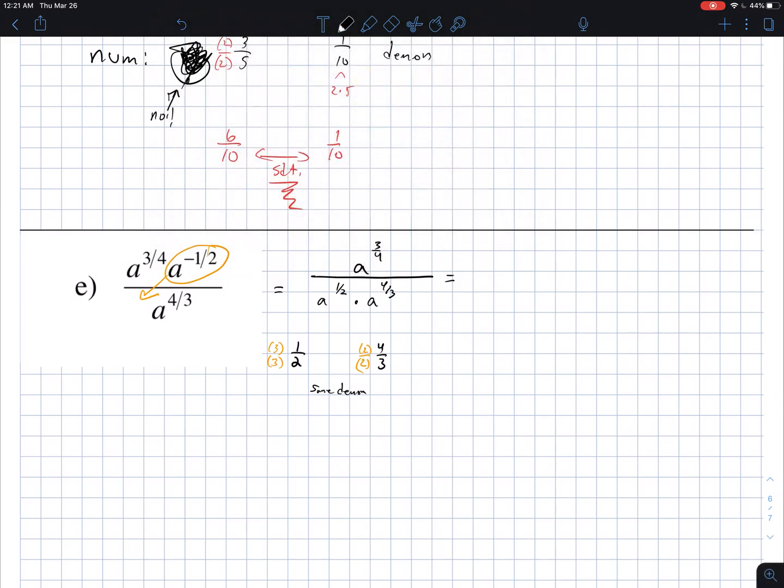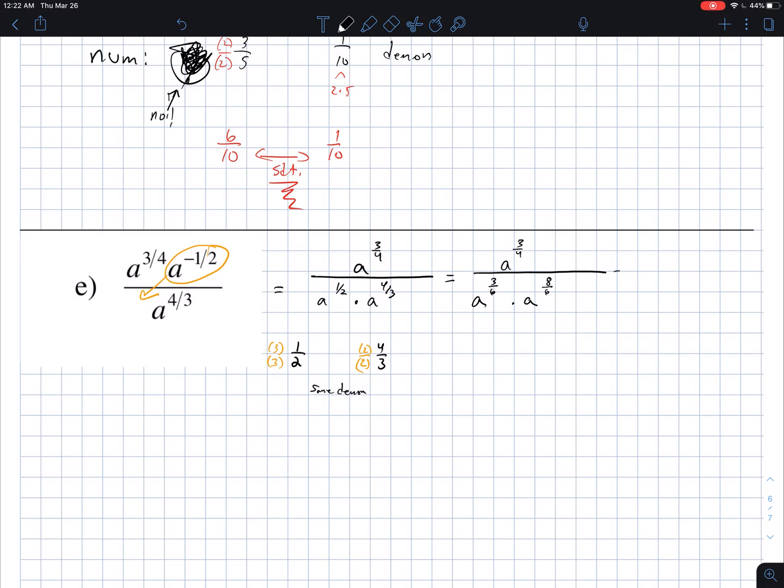Okay. So let's rewrite this as a to the 3/4 all over this pile of junk. It's going to be a to the 3/6 times a to the what? 8/6.